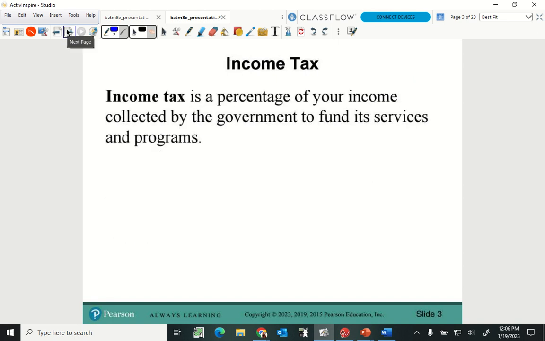I'm a math teacher that understands some of this stuff, and that's why I wanted you to get a baseline first of what the economics is. Income tax is a percentage of your income collected by the government to fund its services and programs. A portion of your paycheck goes straight to the government.